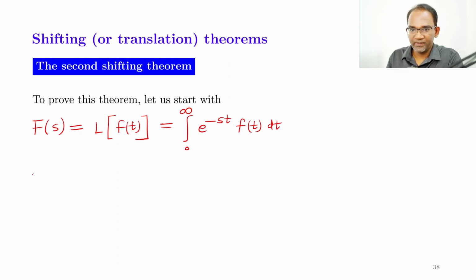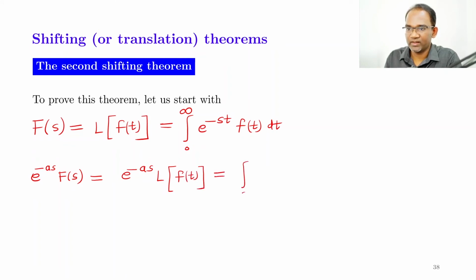We'll multiply F(s) with e raised to minus as, and then this will be equal to e raised to minus as multiplied by the Laplace transform of f(t), and this is equal to the integral from 0 to infinity of e raised to minus s(t plus a), then f(t) dt.